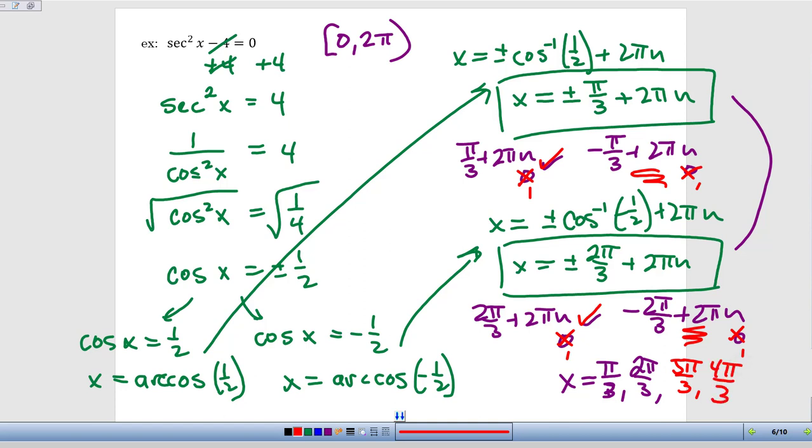So for most of the other examples, we've only gotten two answers between 0 and 2 pi. This time we got 4 of them, and that should make sense since we've got this squared here, and when we take the square root we get that plus or minus. So that means we're going to have more possible answers than we normally would.